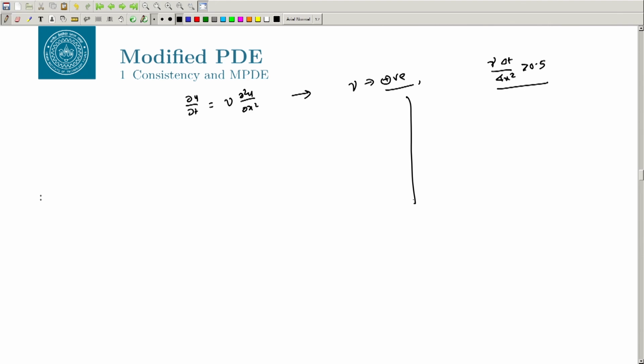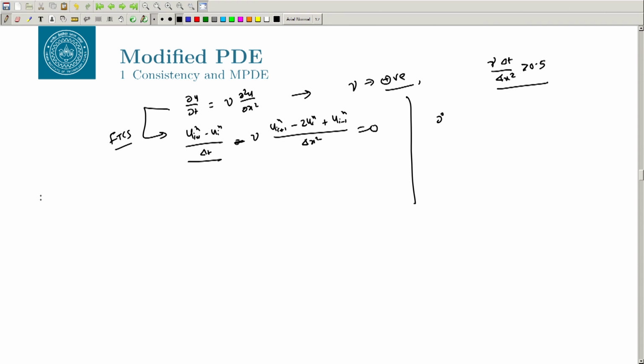So, if I use this FTCS here, this will become (u_i^(n+1) minus u_i^n) by delta t equal to nu times (u_(i+1)^n minus 2 u_i^n plus u_(i-1)^n) by delta x square. And we will do the same thing. This is our PDE, so I will put everything on the left hand side, minus nu times the right side, equal to 0, because this is our FDE.